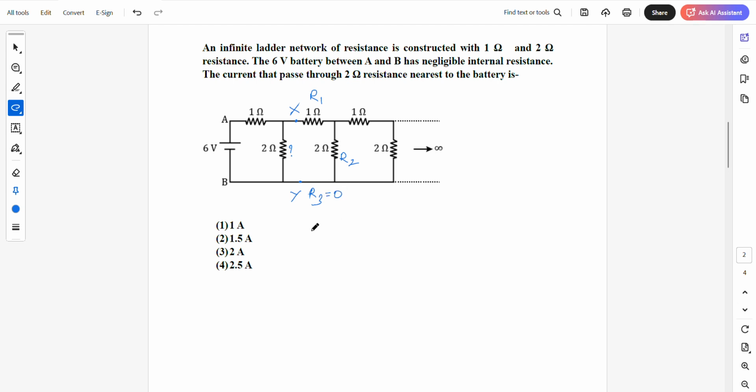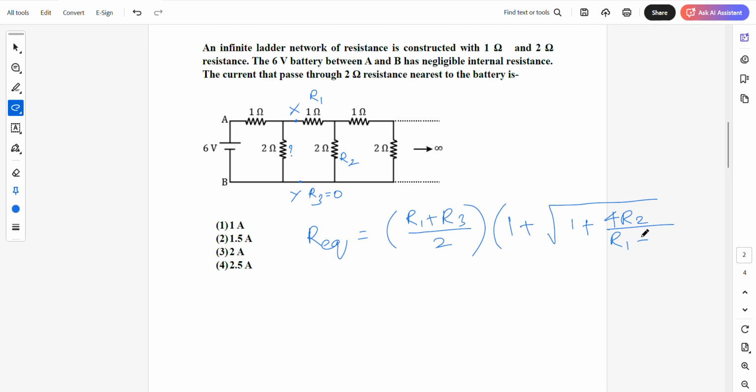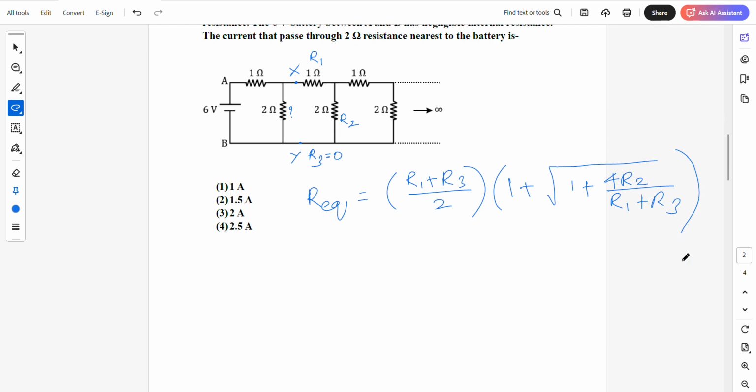Let us use the formula I told you in part 1. R equivalent is equal to (R1 plus R3) divided by 2, into 1 plus square root of 1 plus 4R2 divided by (R1 plus R3). R1 is 1 ohm, this is x and this is y.